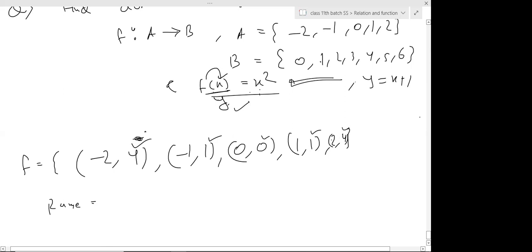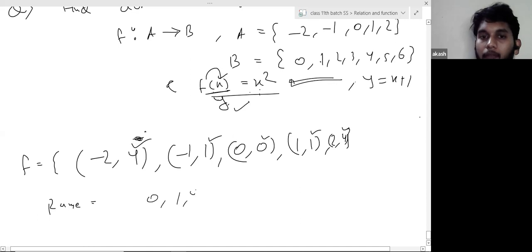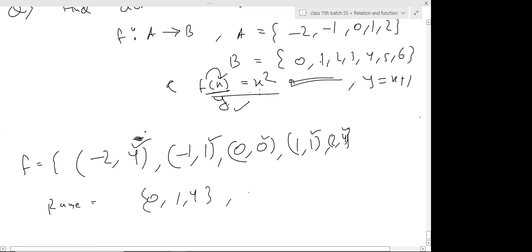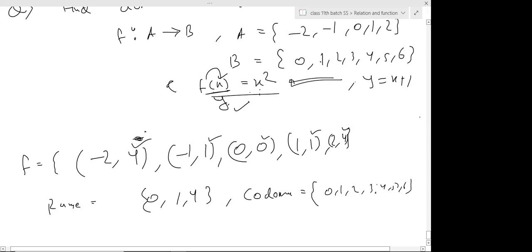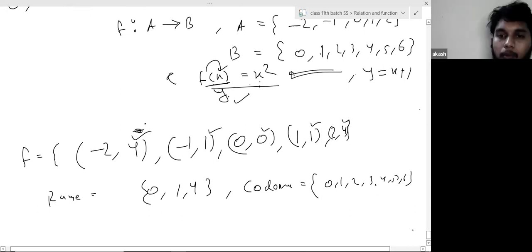So we have 0, 1, and 4 as the range. Clear? Yes. And the codomain, what is the codomain here? The codomain would be the elements of B: 0, 1, 2, 3, 4, 5, 6. All right. So is this clear now? Yes. If you want to, then write it down.